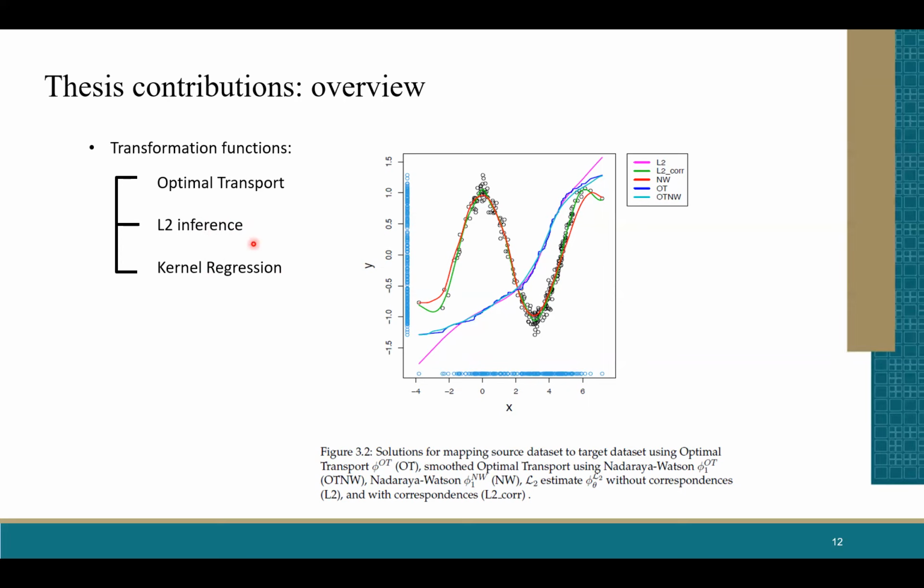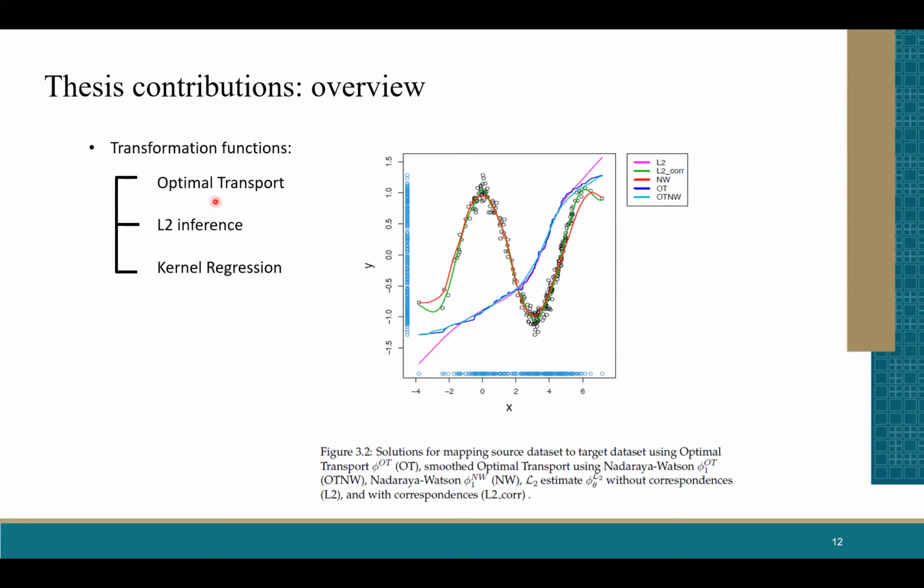L2 here is flexible to work with and without correspondences, and it provides a smooth estimate of the underlying function. And Nadaraya-Watson takes advantage of the correspondences in its formulation and provides a smooth estimate of the underlying function.